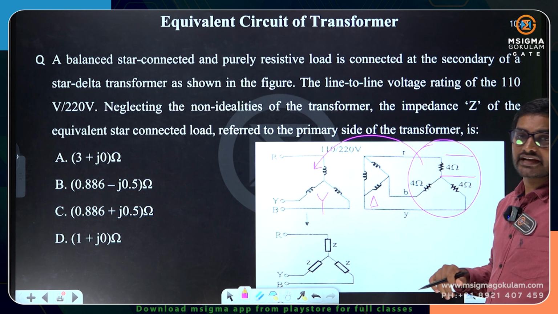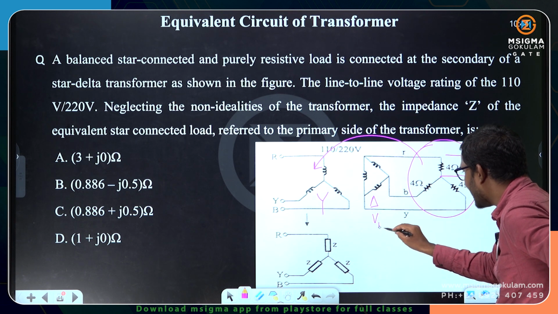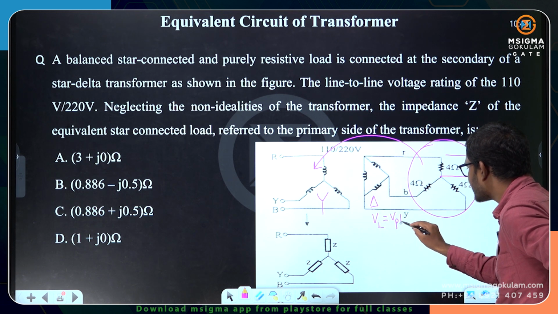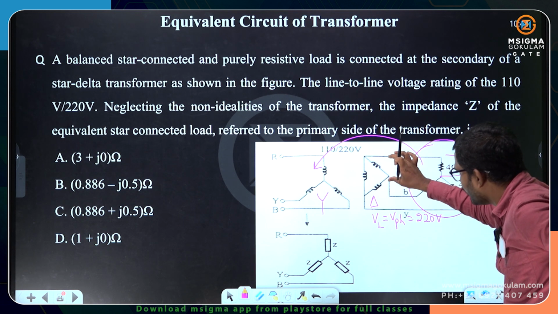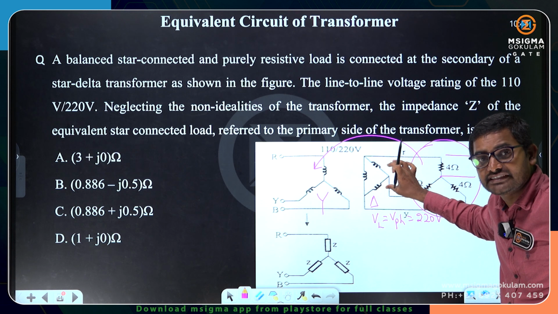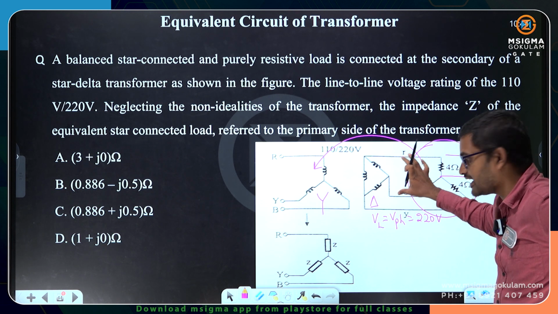Per phase voltage you need to take up. As it is a delta connection, line voltage and phase voltage are both the same. How much is it? 220. So the voltage between the lines of the delta is 220.